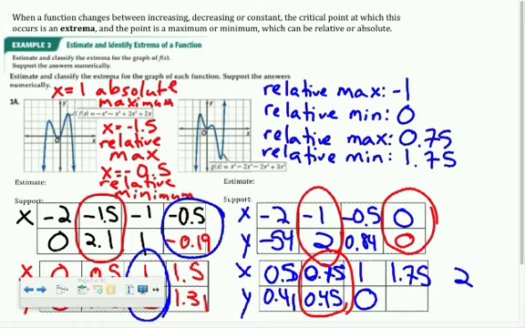Plugging in 1.75 to the 5th power minus 2 times 1.75 to the 4th power, minus 2 times 1.75 to the 3rd power plus 3 times 1.75 squared is negative 3.88.